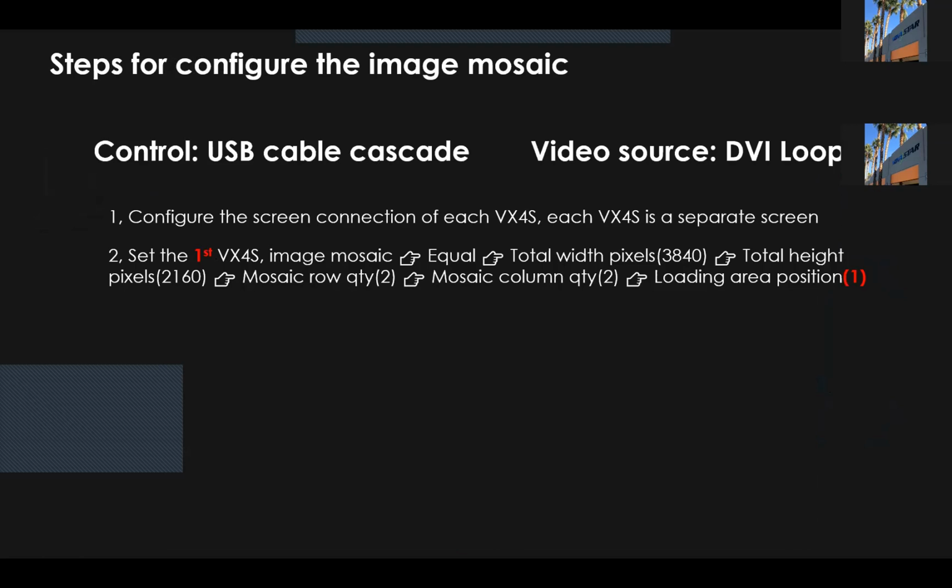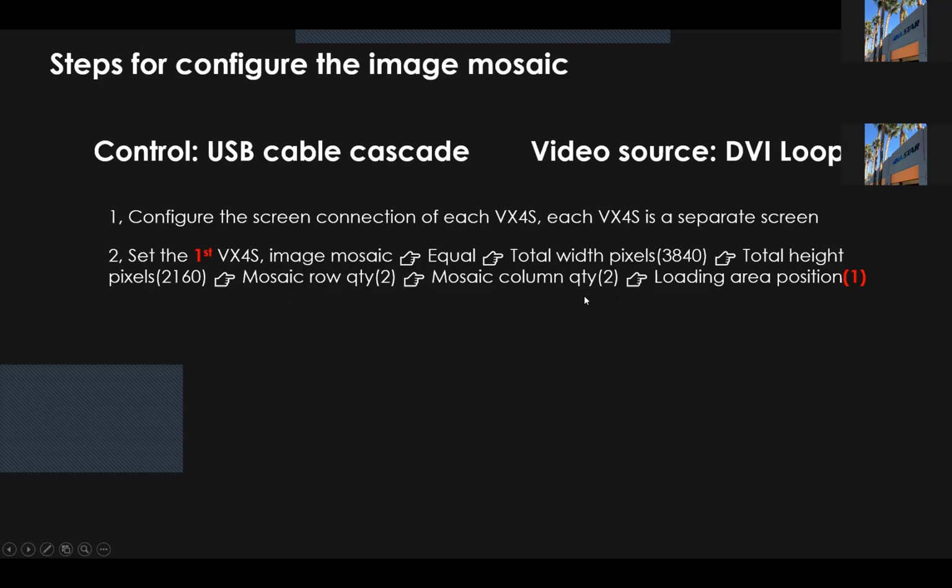The first thing, set the first VX4S image mosaic. In the menu, image mosaic, choose equal, total width pixels 3840, total height 2160, mosaic row quantity and mosaic column quantity.